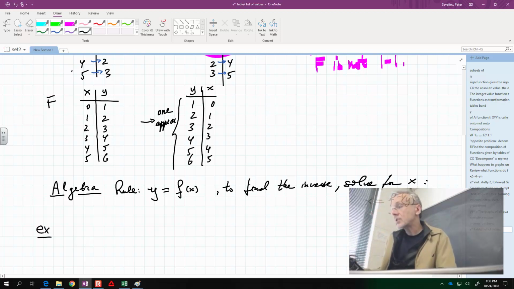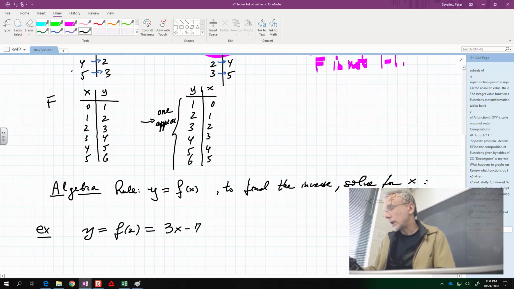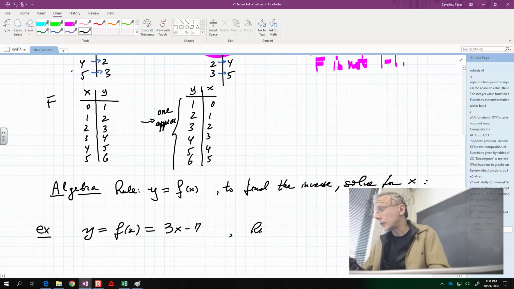Examples are simple, some early on, so that's not a big deal. For example, y is equal to f of x is, say, 3x minus 7. I take my relation: y is equal to 3x minus 7.